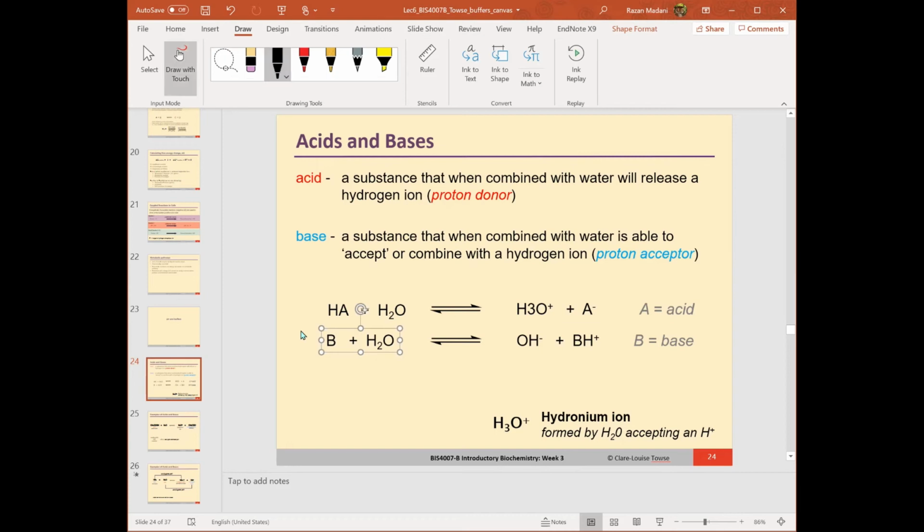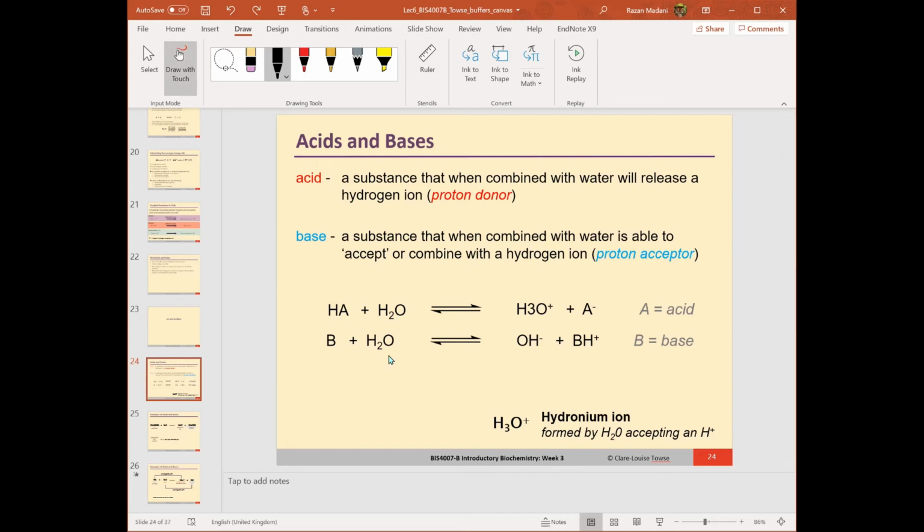So whatever they ask you, who's the acid, who's acting as a base, your answer should be from the originals. So B is acting as a proton acceptor because it accepted a proton from H2O, because H2O is acting as an acid and it's donating a proton.